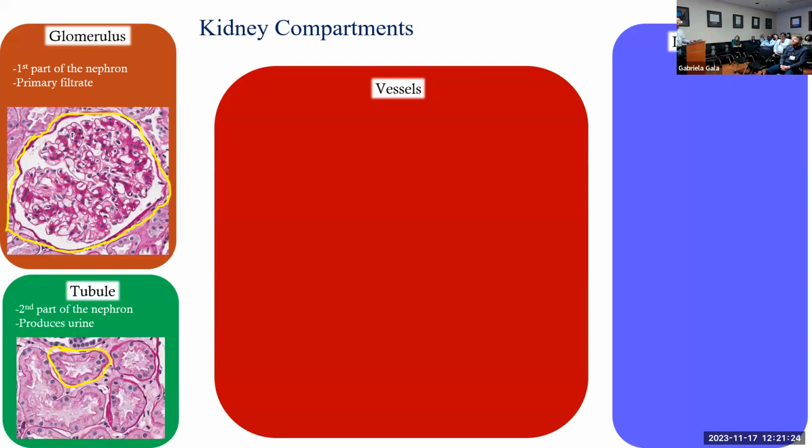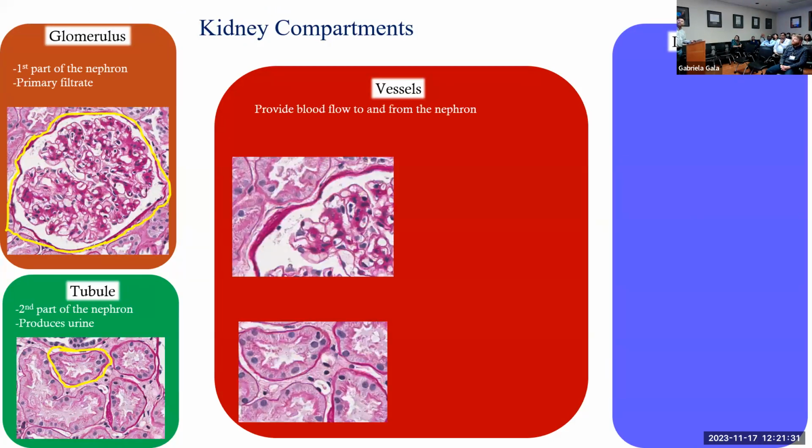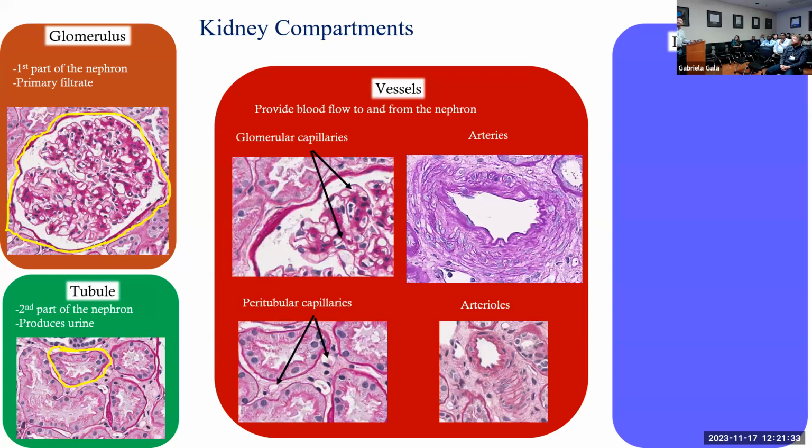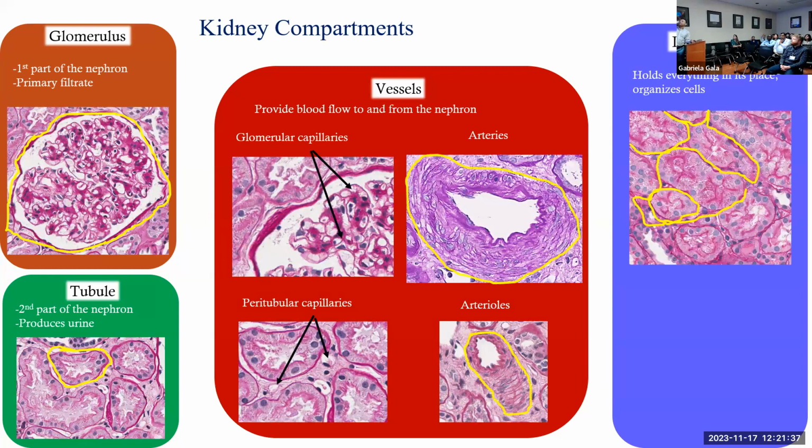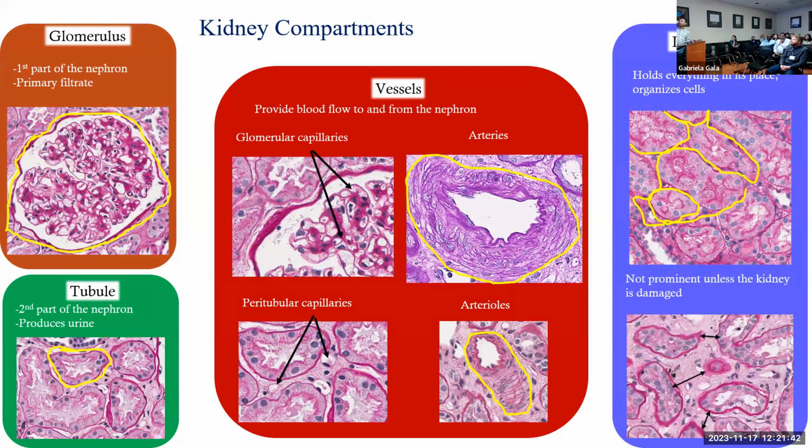We have the glomerulus in the kidney, right? And then you get the tubule. Then there are vessels like large arteries, arterioles, and capillaries, and the interstitium. So these are the structures.